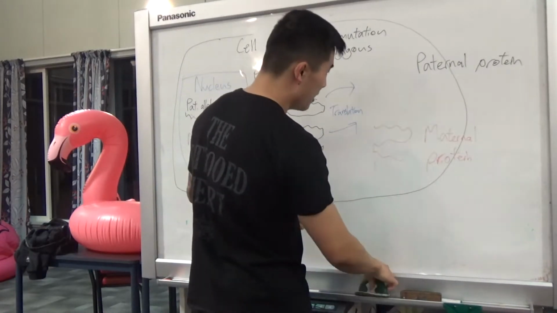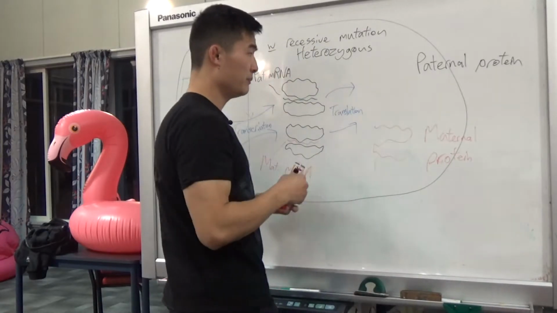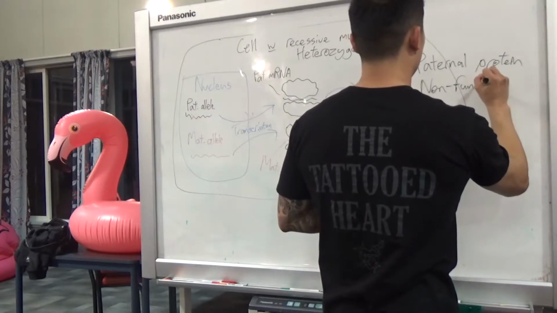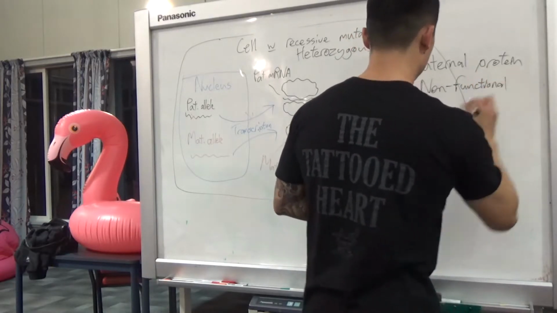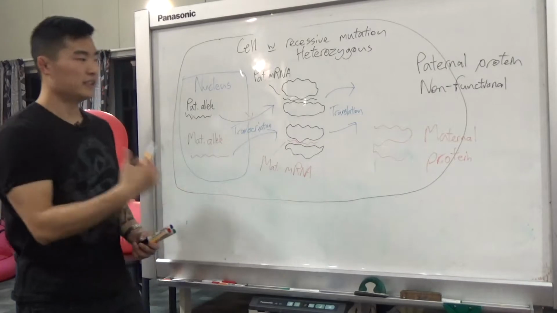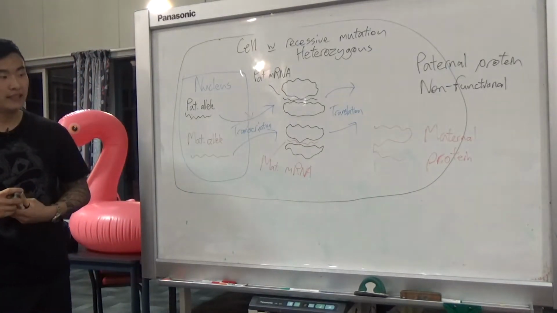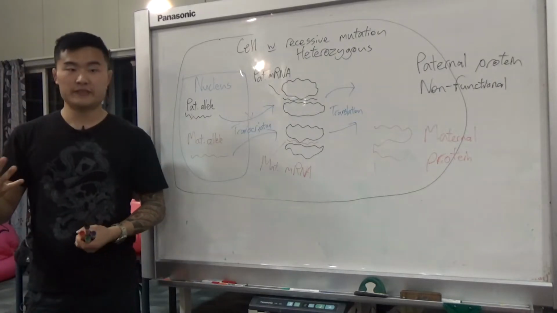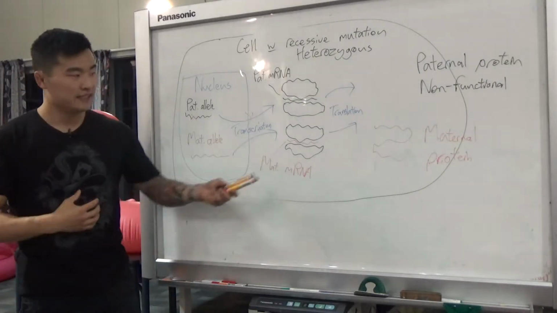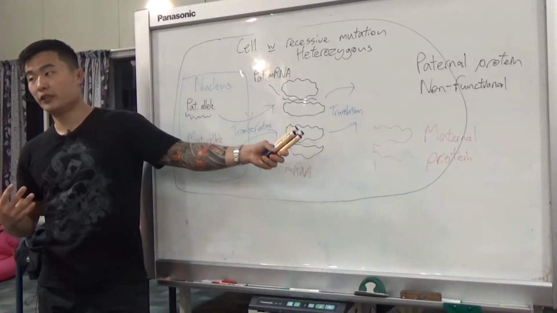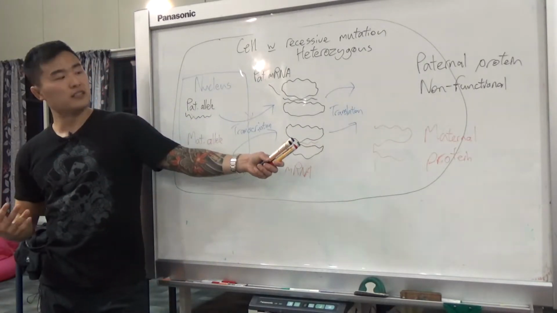So now the paternal protein is non-functional, and we only have the maternal protein inside the cell, so there's only half the amount of protein. But if it's a recessive disorder, what that means is that half the amount of protein is enough for the normal functioning of the cell.